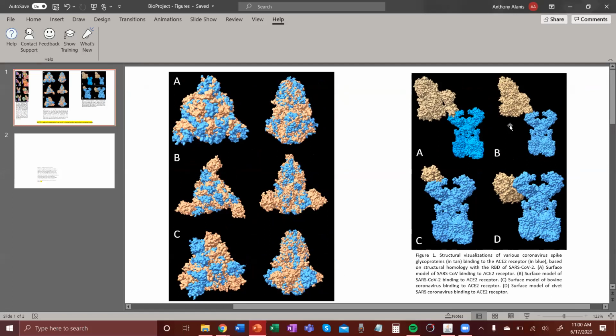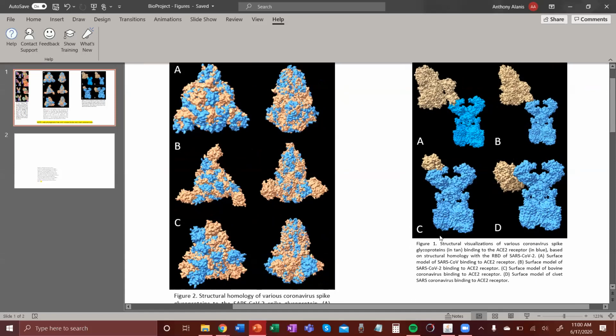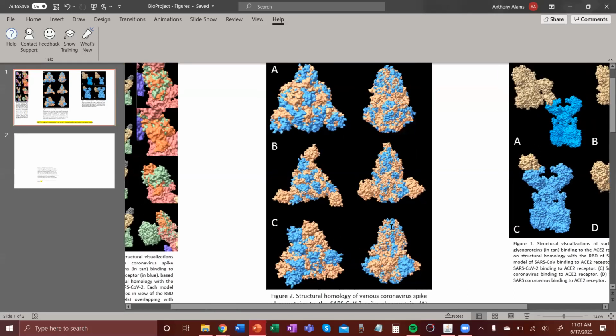My cousin got bird poop on her recently, so there you go. That's a spillover event right there. And then we also have a cat, this is the cat right here. And civet is a type of cat. And then bovine is a pig, and that's panel C, so yeah.